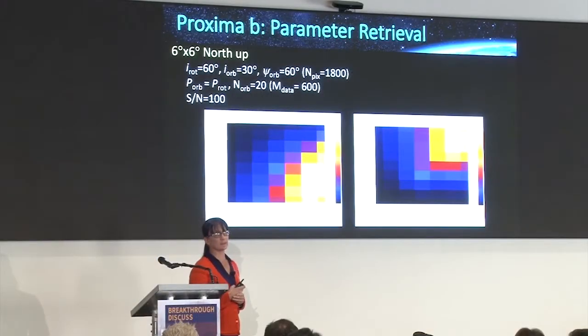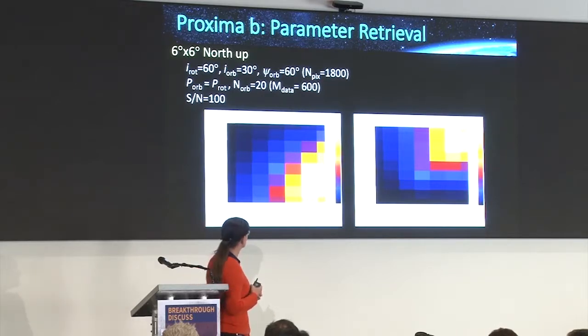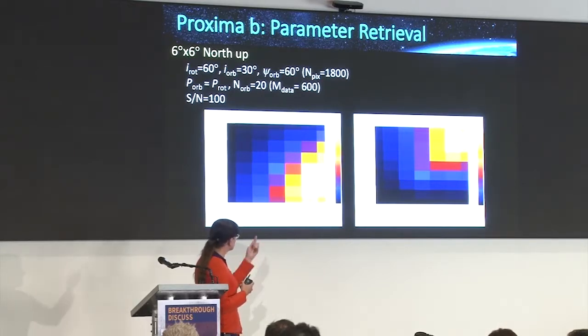And this technique also allows us, in addition to resolving the surface features on the planetary surface, to look at the parameter space. Actually, we can minimize the inversions towards parameters and retrieve parameters such as orbital inclination, azimuth of the orbit, and planet inclination.